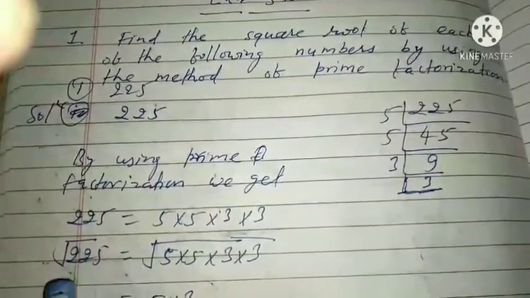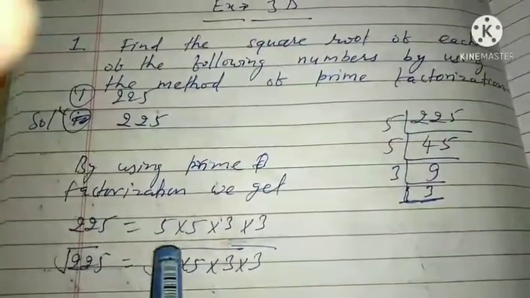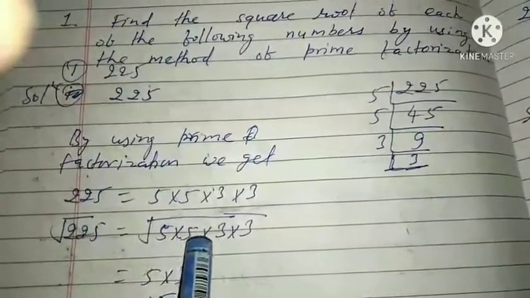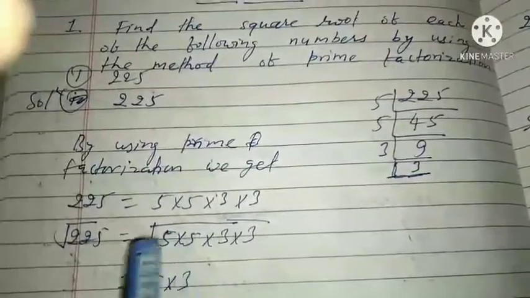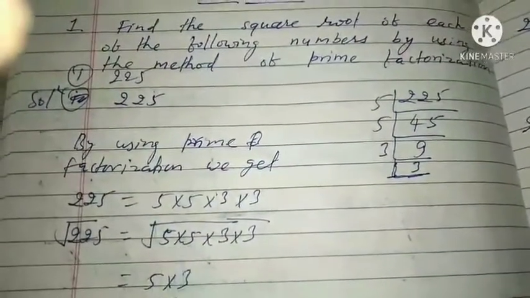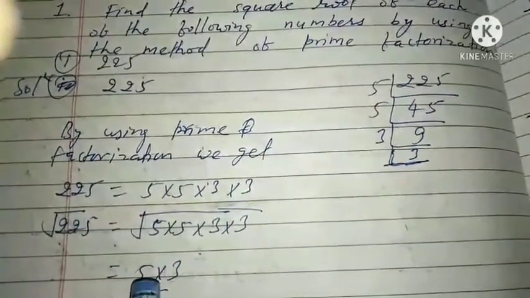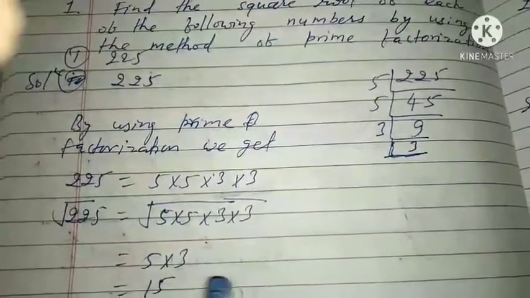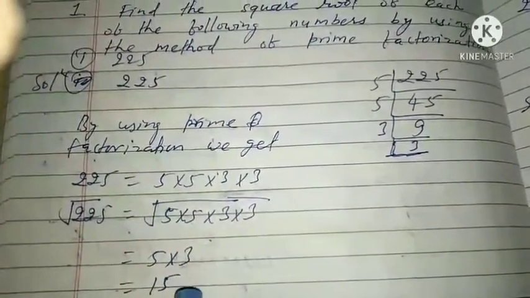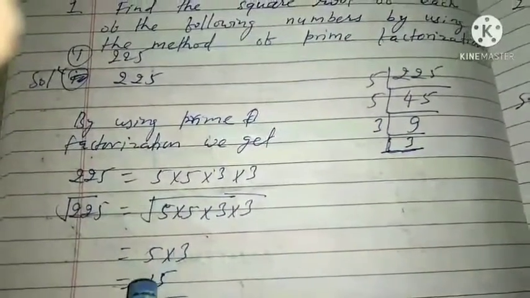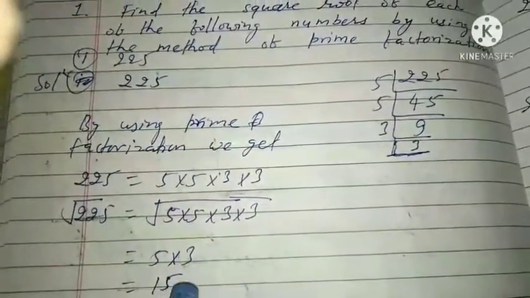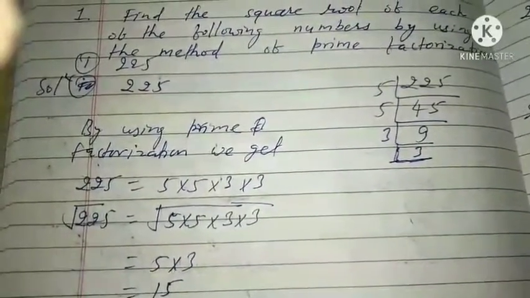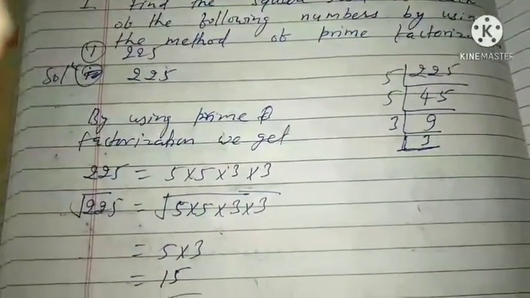That gives you under root 225 is equal to under root 5 into 5 into 3 into 3. Now we have made pairs of 5 and 3, and out of each pair we take out one factor as the square root. So from the pair of 5 we take out 5, from the pair of 3 we take out 3, and their product gives 15. This is the square root of 225, right?